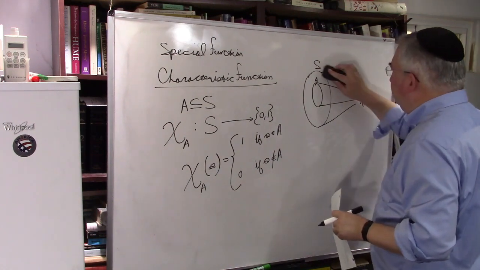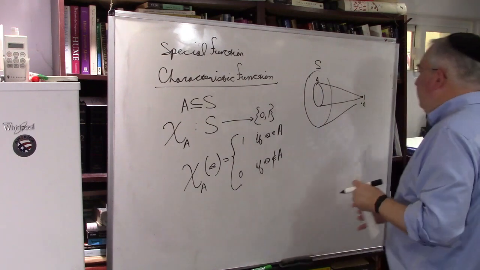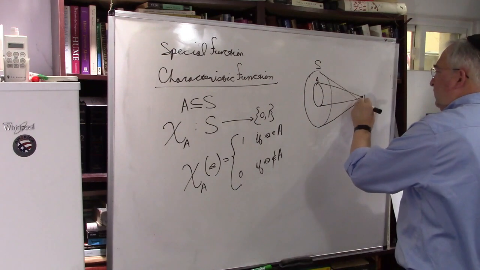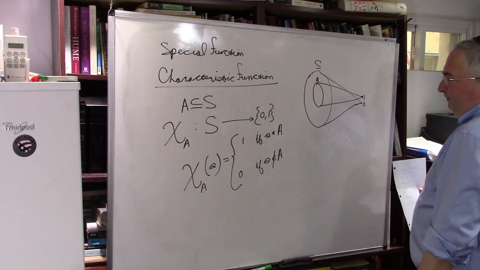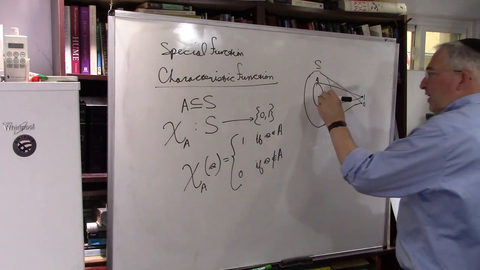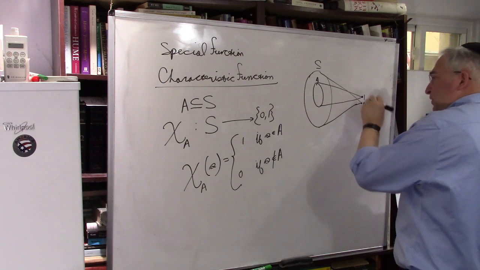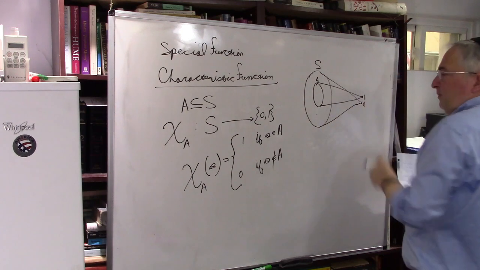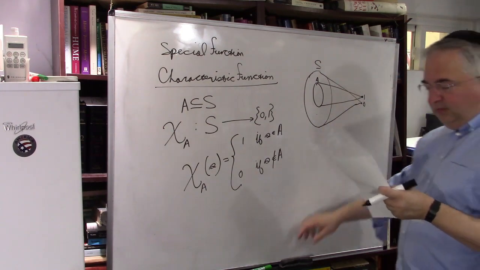Not the best picture in the world. Everything else goes to the number 0. So if you're in A, you go to the number 1. If you're not in A, you go to the number 0.